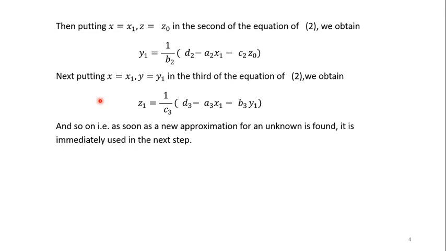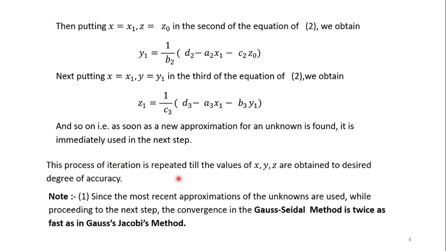And so on: as a new approximation for an unknown is found, it is immediately used in the next step. This process of iteration is repeated until the values of x, y, z are obtained to the desired degree of accuracy. Note that since the most recent approximations of the unknowns are used while proceeding to the next step, the convergence in the Gauss-Seidel method is twice as fast as in the Gauss-Jacobi method.